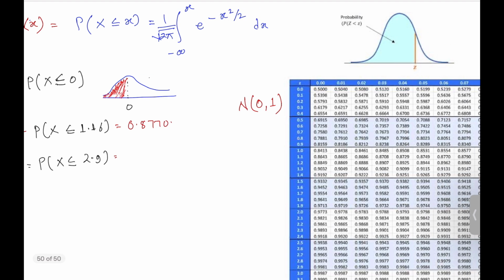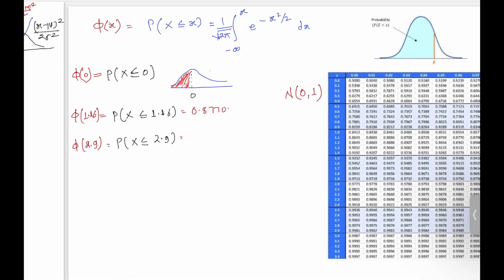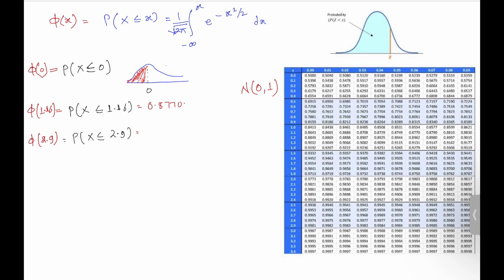You can again refer to this table. So basically this is what this table is giving to you. This table is giving the area under the PDF up to a certain point, right? Here we have found the area up to x equals 1.16.